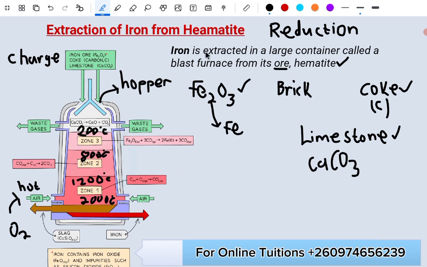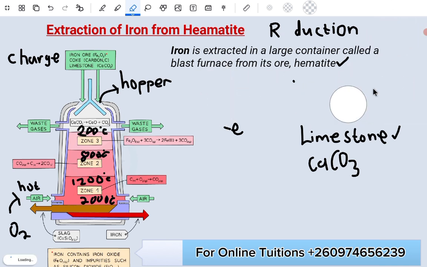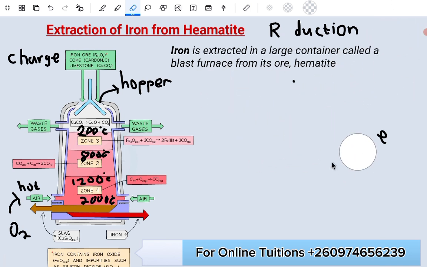So very important. So let me erase some of the things so that we don't make a mess. So we're saying the whole process, the whole method we're using here, is the reduction method. On the charge here, we have 3 things. The first reaction that is going to take place: oxygen will react with the coke.